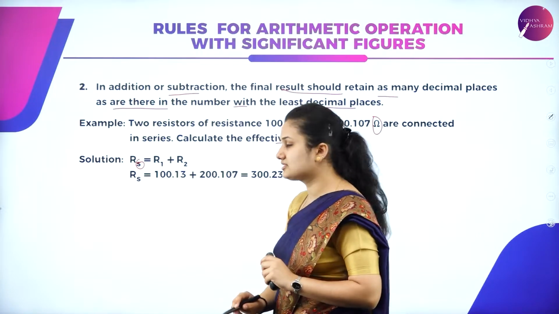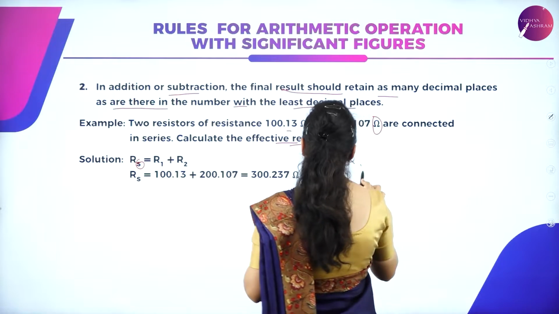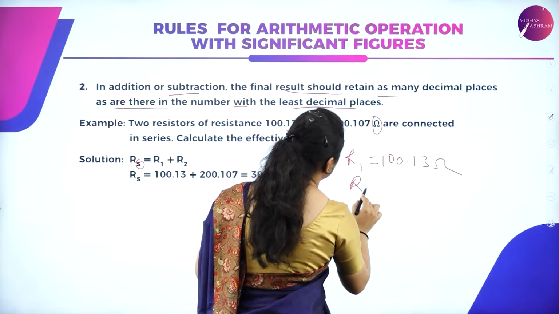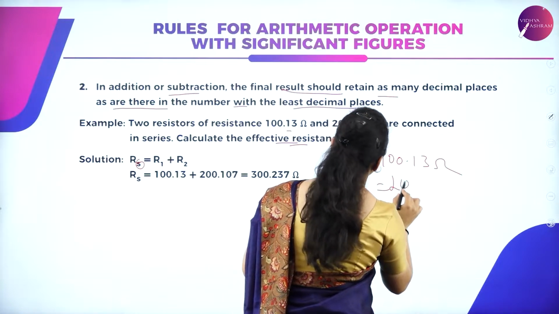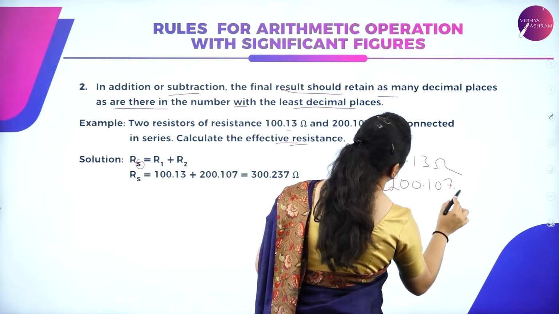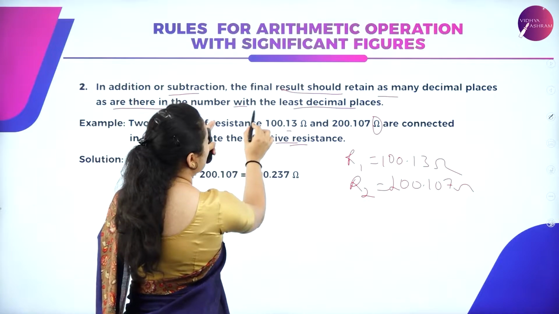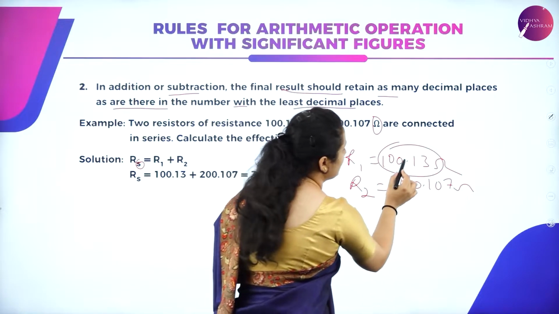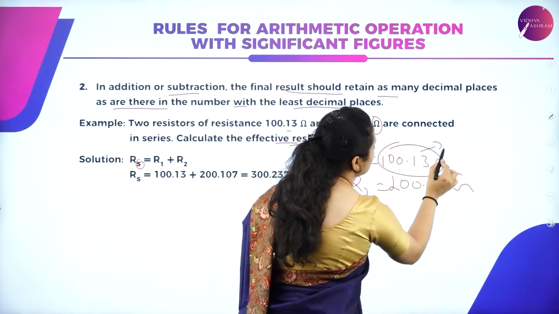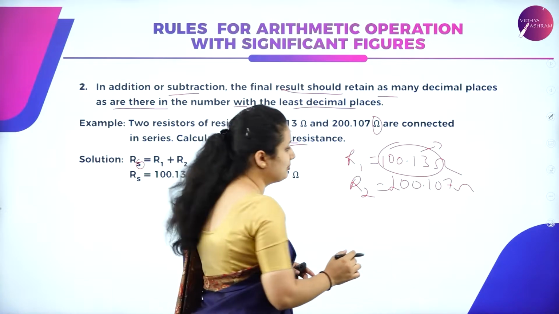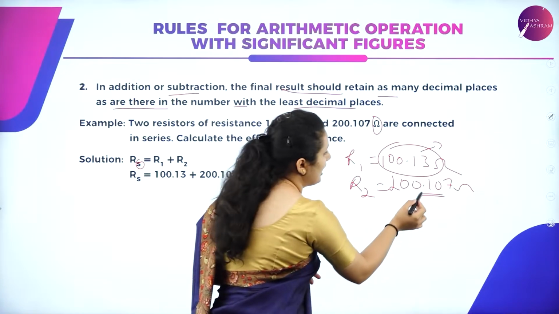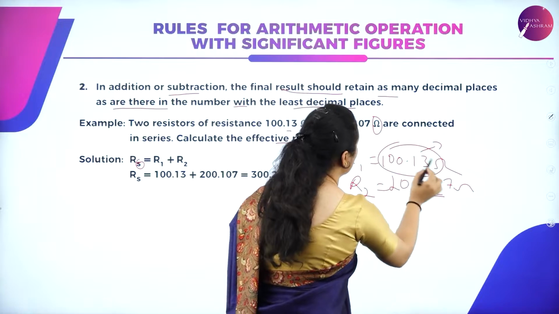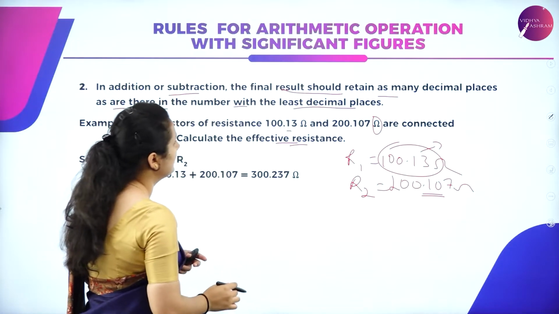R1 is 100.13 ohm, R2 is 200.107 ohm. Which number has the least decimal places? It is R1. You can see 0.13 has fewer decimal places compared to R2. In R2 you have 3 digits after the point, in R1 you have 2 digits. So, R1 has the least decimal places.